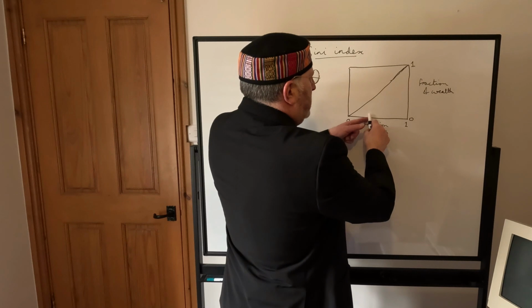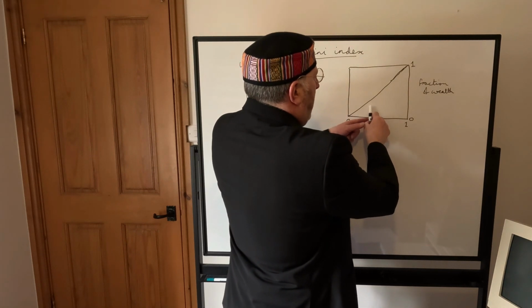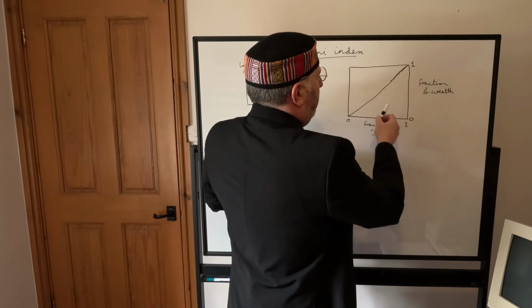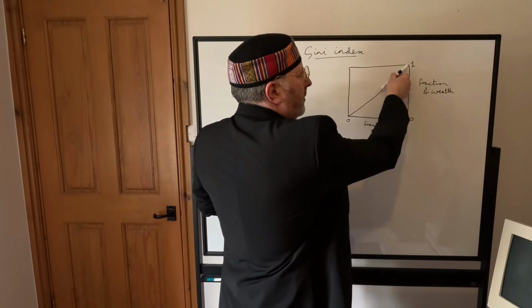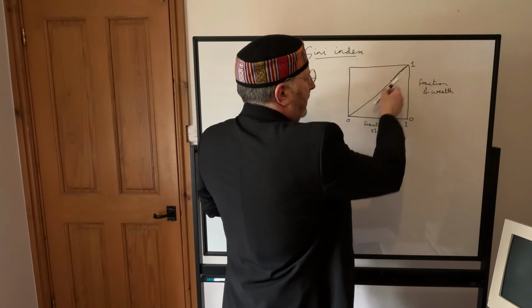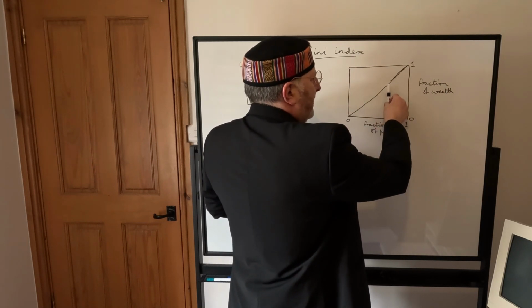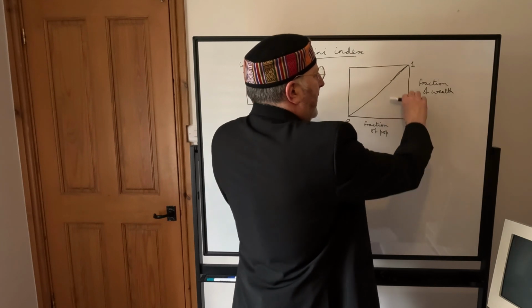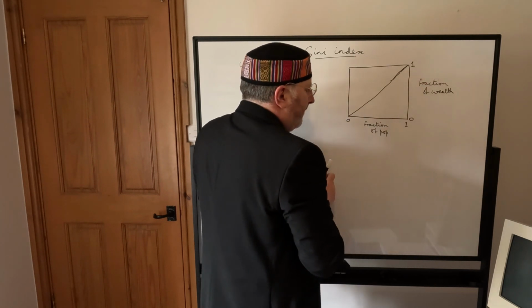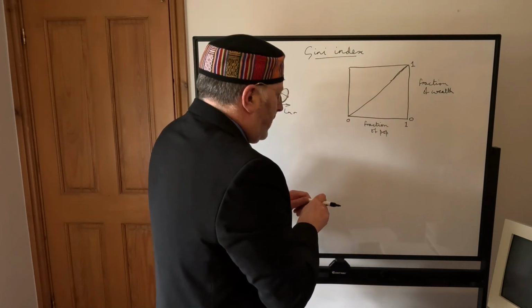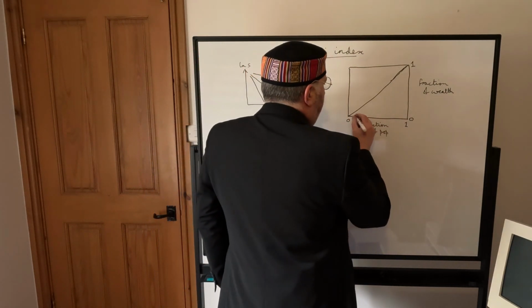And then the next 10%, so up to 20% of the population, would have 20% of the wealth. So it would be a straight line of slope 1 going diagonally from 0 to 1. If we add 10% to the population, we add 10% to the amount of wealth that they have. But as we know, that's not the case in real economies or societies.